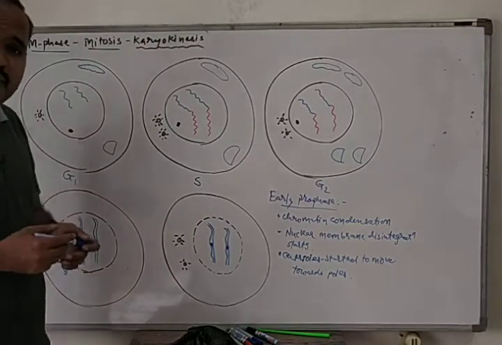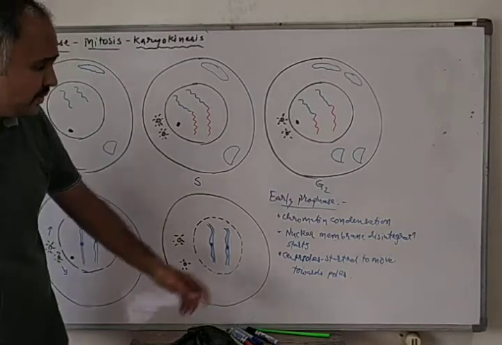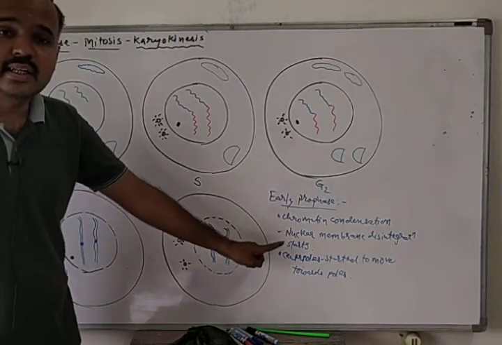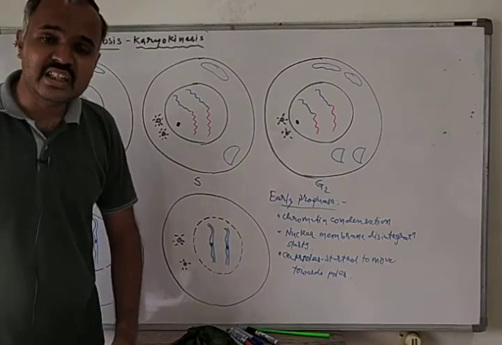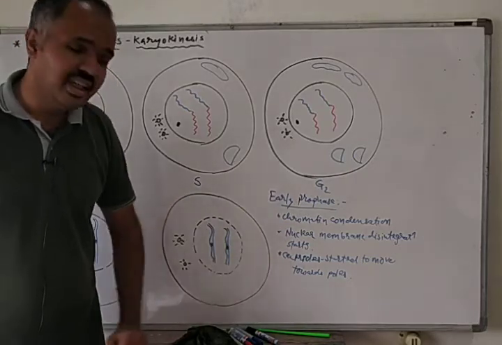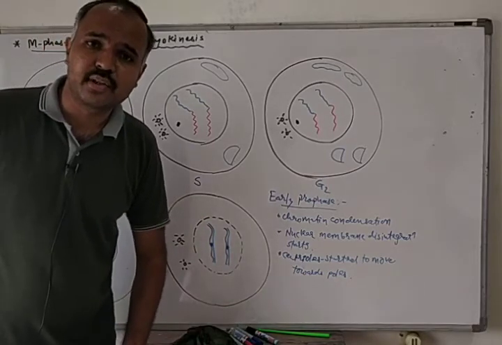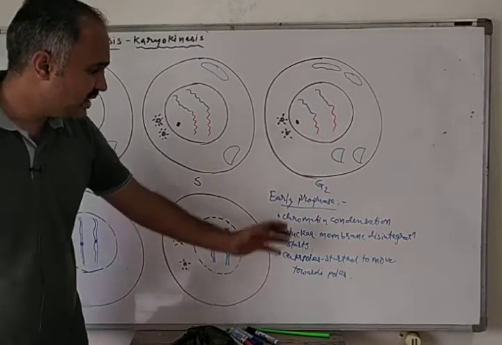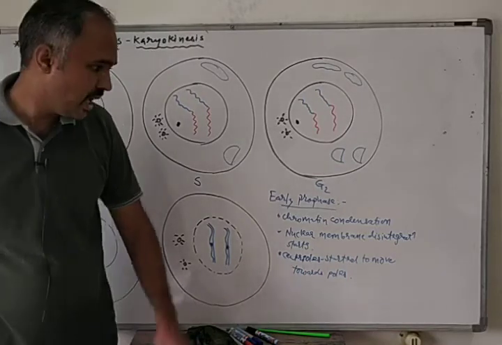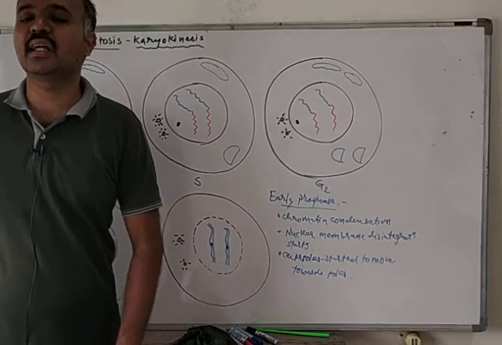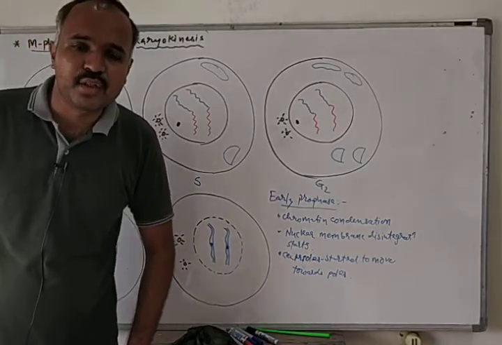In the early prophase, what are the key features? Chromatin condensation begins, nuclear membrane disintegration begins, and centrioles start to move towards the poles. Now when the chromatin condensation has begun, the chromatin will take shape of the chromosome.